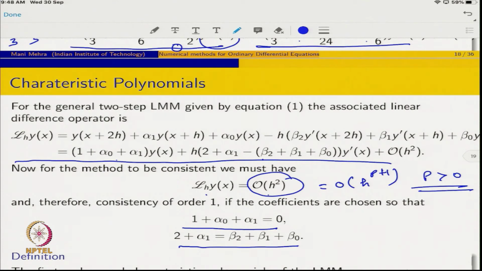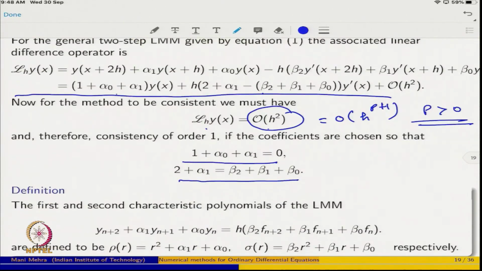So, we are formalizing these two necessary conditions for the consistency, or you can say for the convergence, in the form of characteristic polynomials. The first and second characteristic polynomial of a linear multi-step method is given by the following formula. This is called the first characteristic polynomial and this is called the second characteristic polynomial.